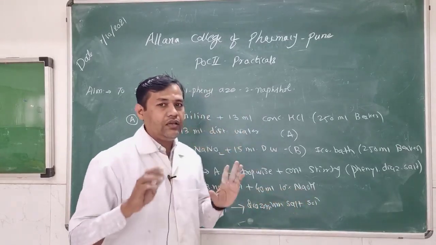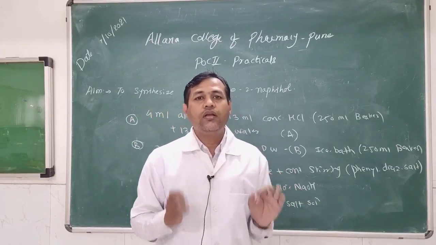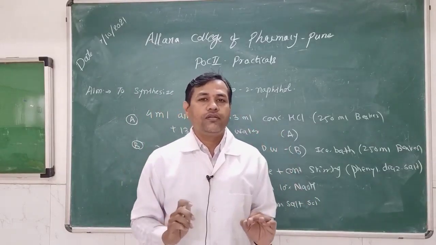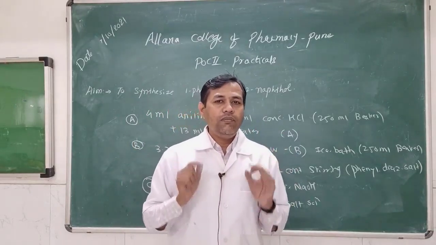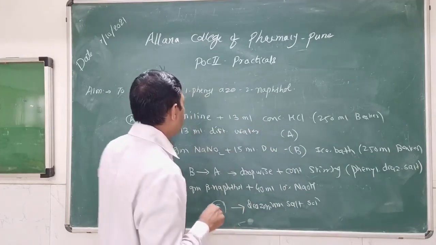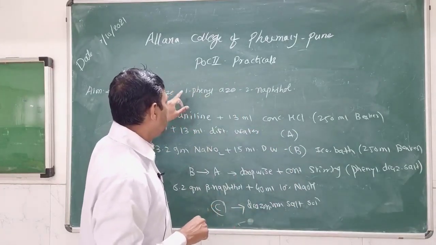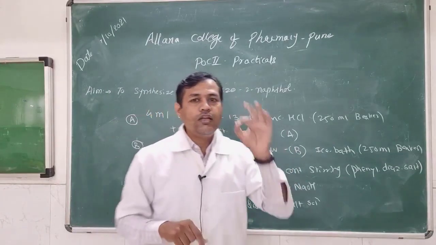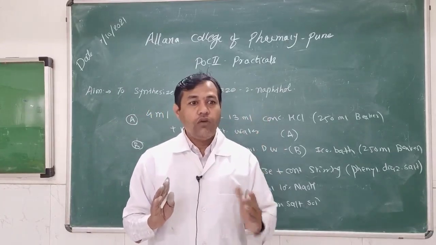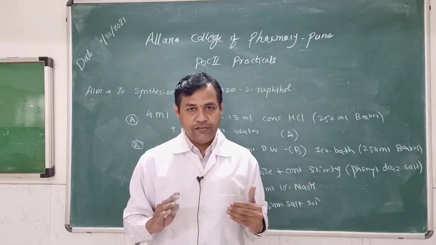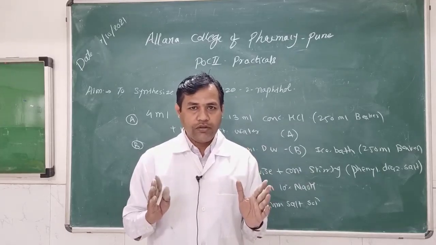But not directly, in portions with continuous stirring and under cold condition. While this addition and continuous stirring happen, you will get our product as a precipitate, that is 1-phenylazo-2-naphthol. Okay, so this is the explanation of the procedure. Now we will actually see how to perform this practical and also the calculation part.